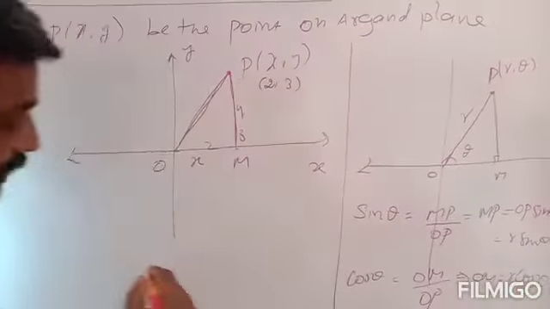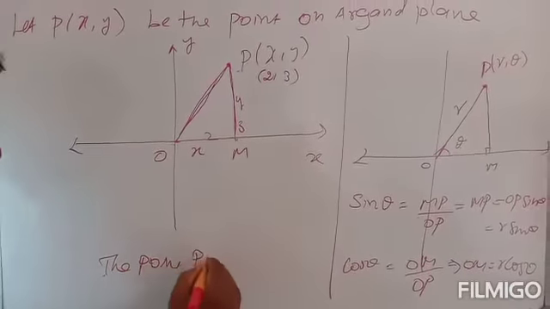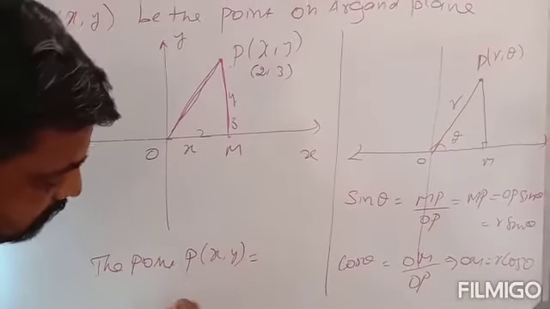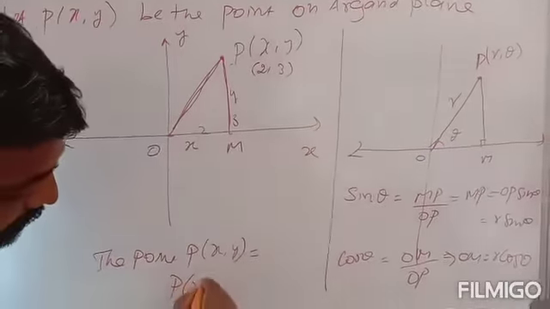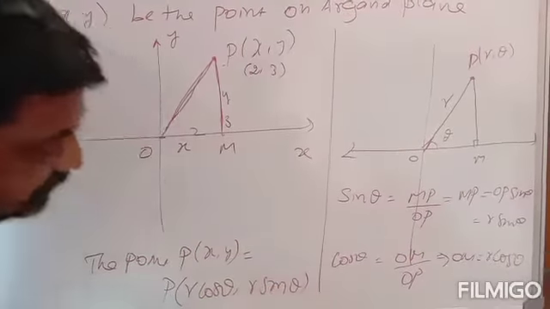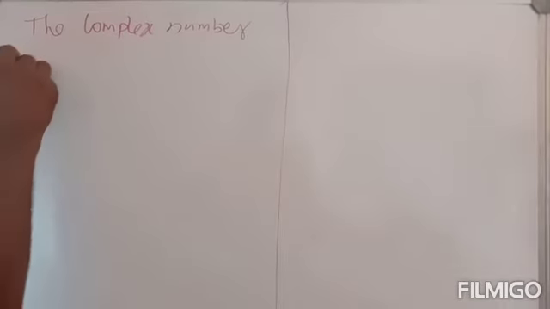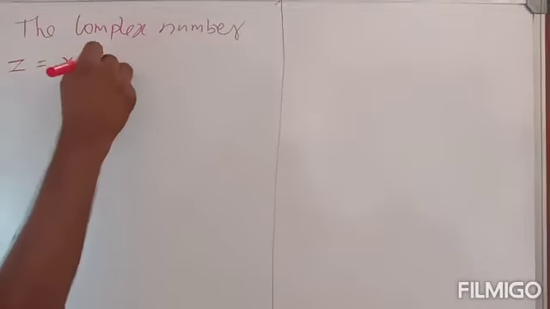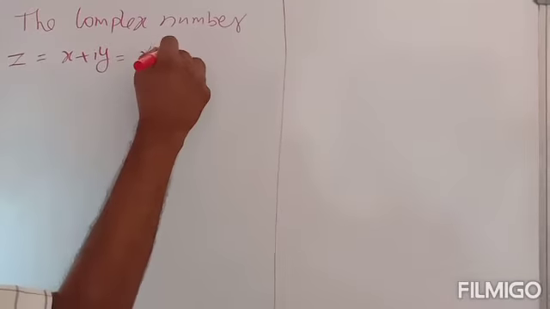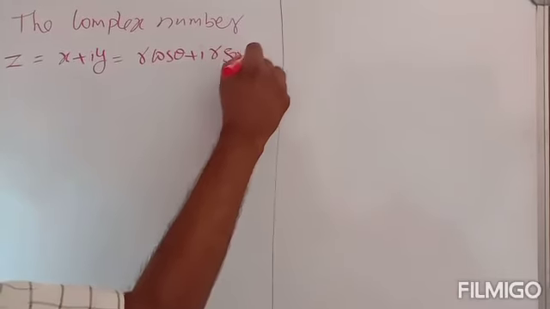So we can write the point P(x, y) as P(r cos theta, r sin theta). The complex number z equals x plus iy, so x is replaced by r cos theta and y is replaced by r sin theta.